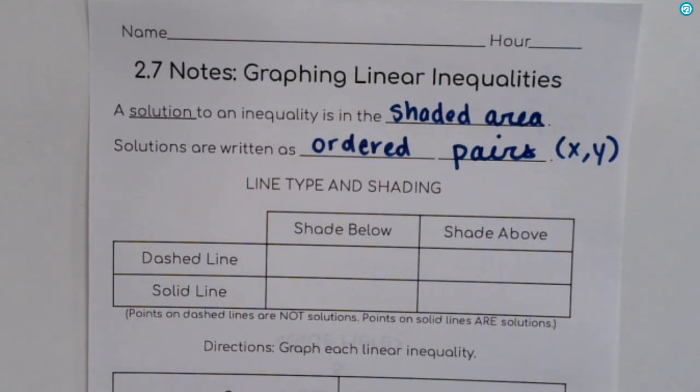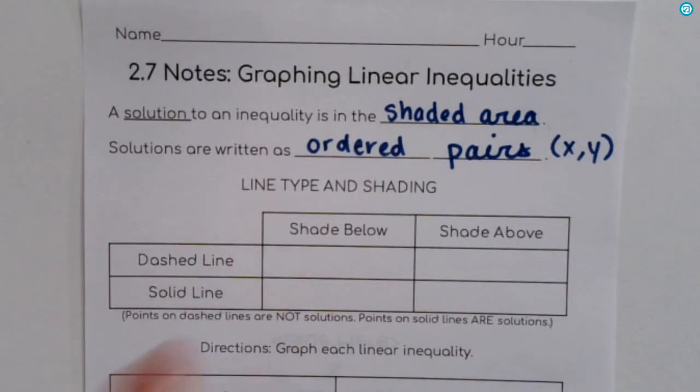So, how we signify whether it is a dashed line or a solid line is whether it's less than or greater than, or less than or equal to, greater than or equal to. So if it's just less than or greater than without the equal sign, we are going to do a dashed line.